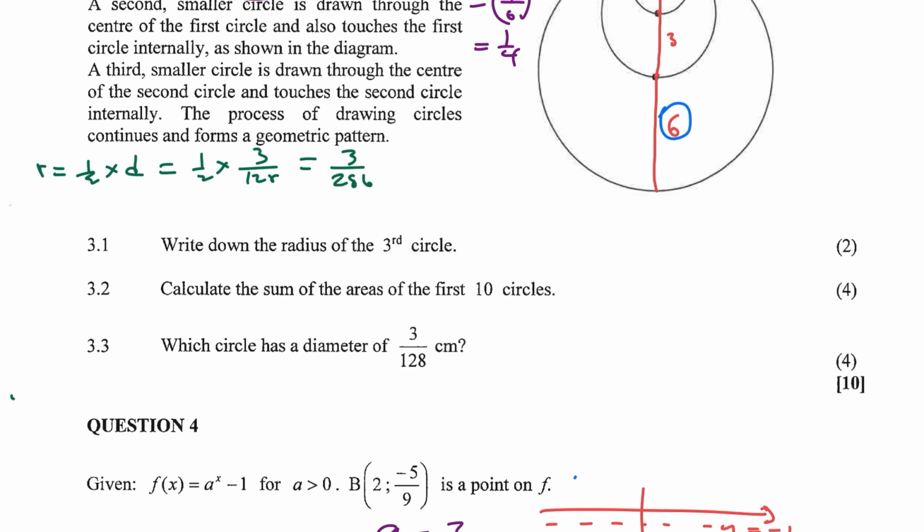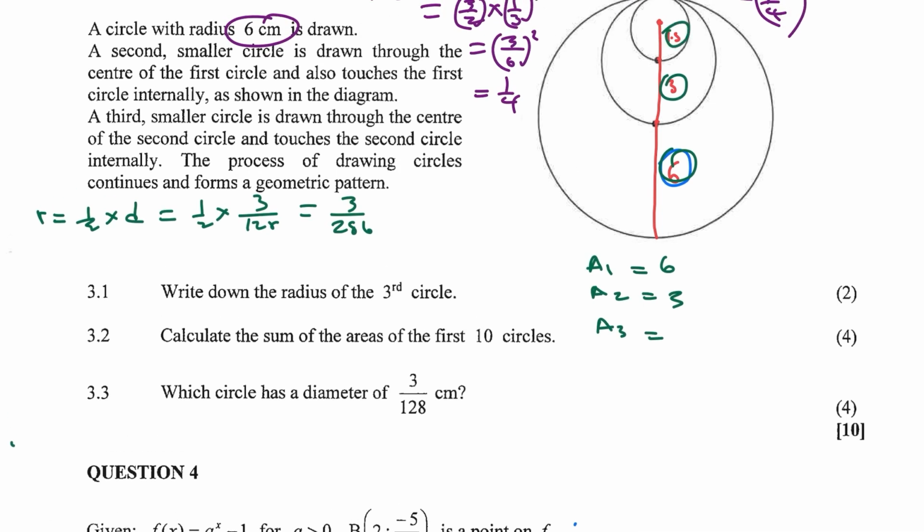We know that the first circle has a radius of 6, the second circle has a radius of 3, and the third circle has a radius of 1.5.